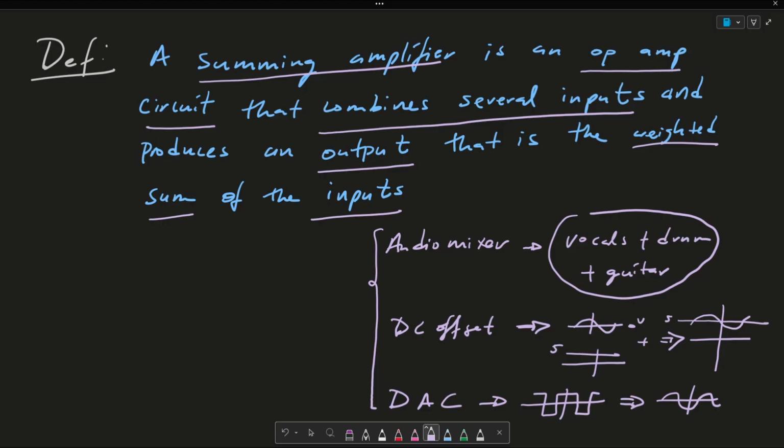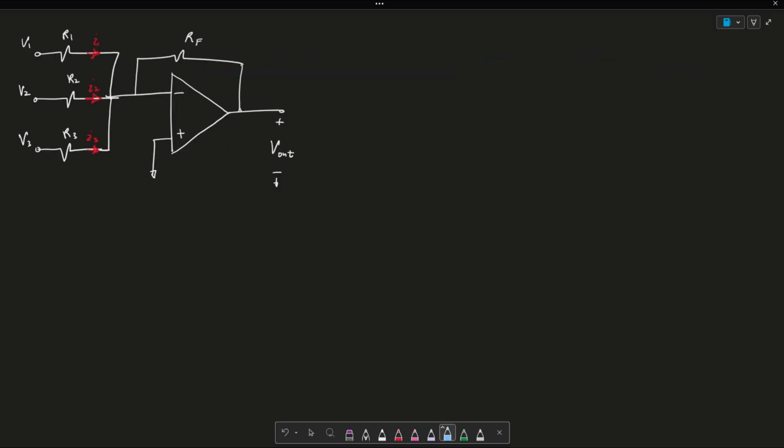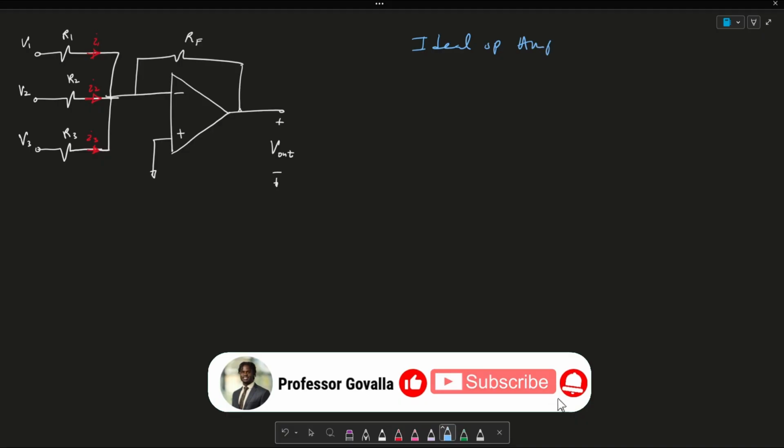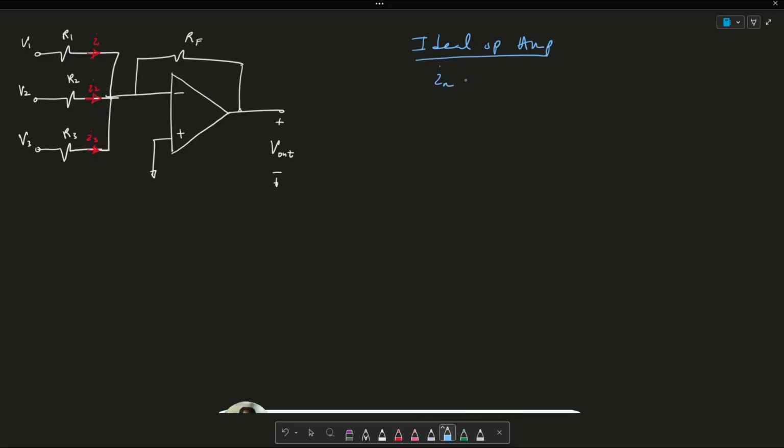But now let's go ahead and solve for the voltage output of this amplifier. Before we dive in, we want to consider that this is what's called an ideal op amp. In an ideal op amp, we say that IN equals IP, which is very close to 0, where this here is the current IN into my negative terminal, and this here is the current IP into my positive terminal.